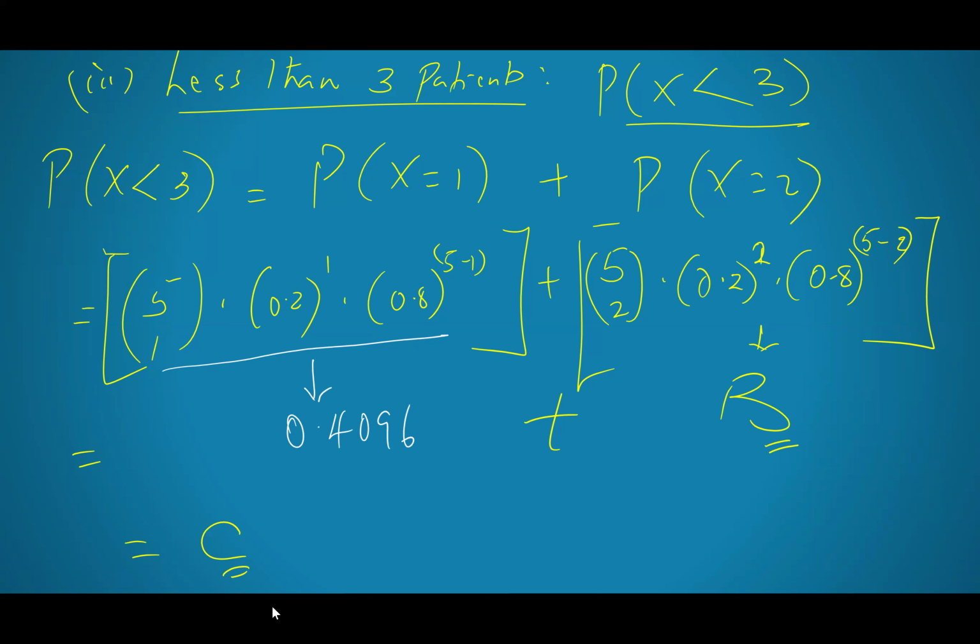Then here the B is 0.2048. Now, when we sum up, what do we get in total? 0.4096 plus 0.2048 gives us about how much? 0.6144. Good.